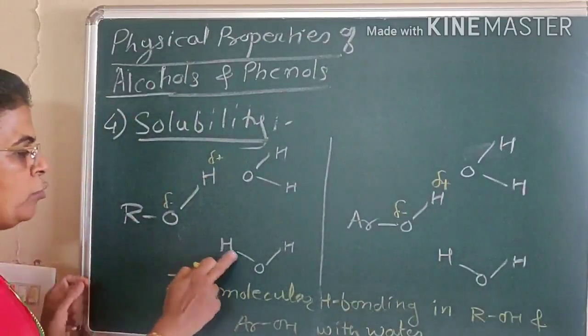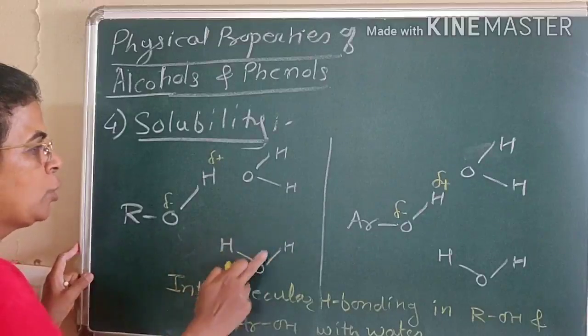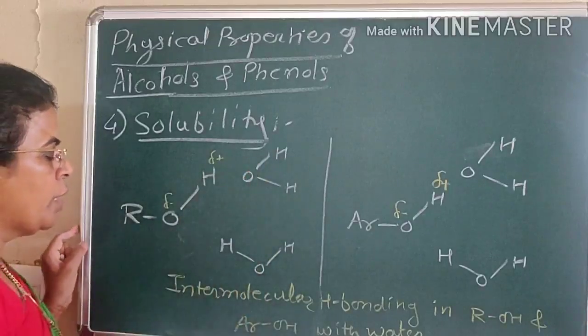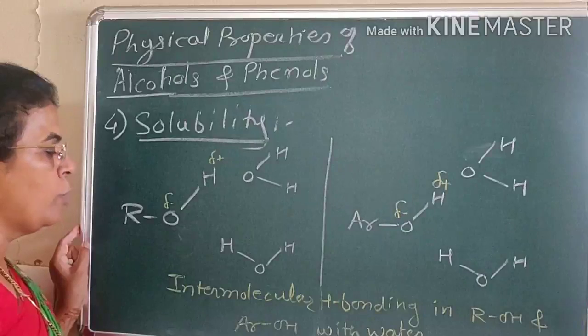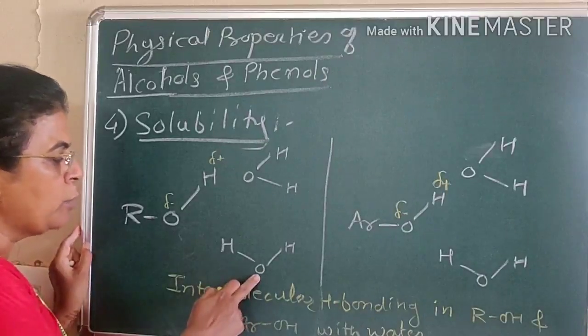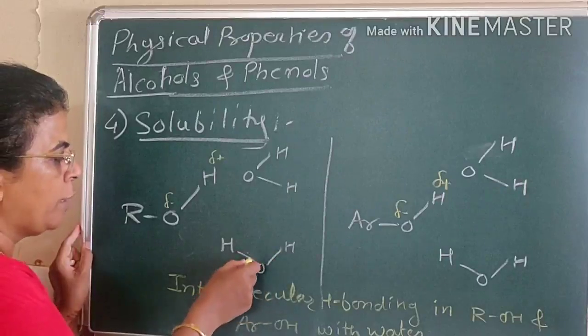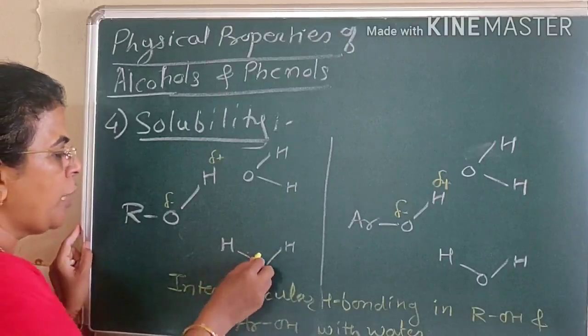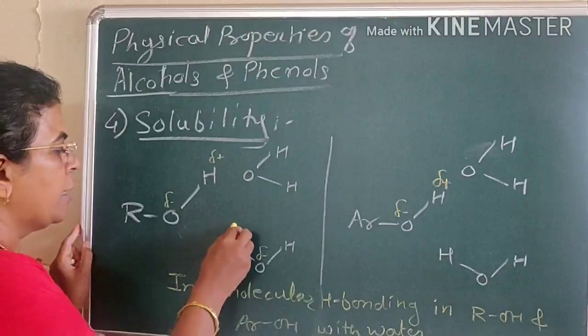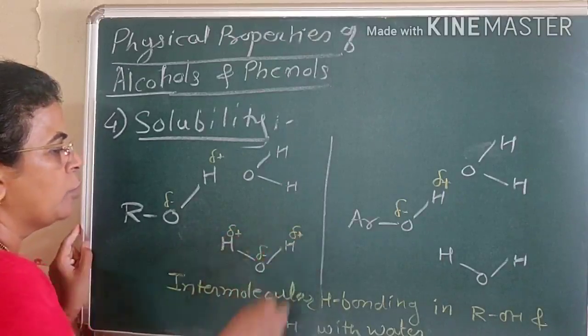Now we know that this is a water molecule, HOH, that is H2O. This is also a water molecule. Now this water molecule is also a polar molecule. Oxygen atom is more electronegative, therefore it withdraws electrons from this hydrogen atom like this and therefore it acquires a negative charge, and here this hydrogen atom becomes positively charged.